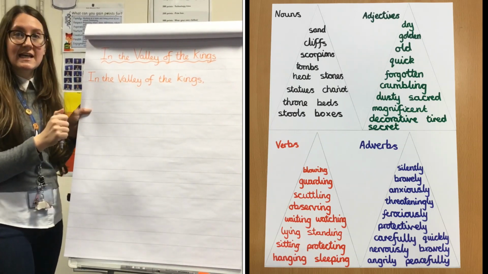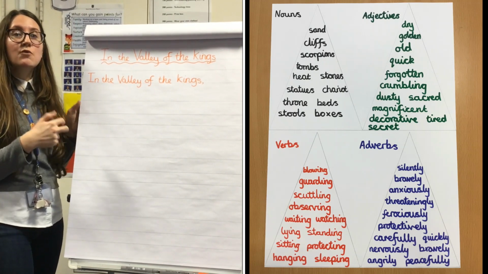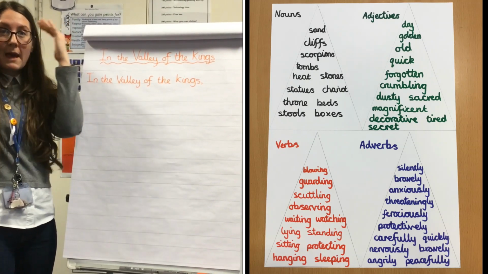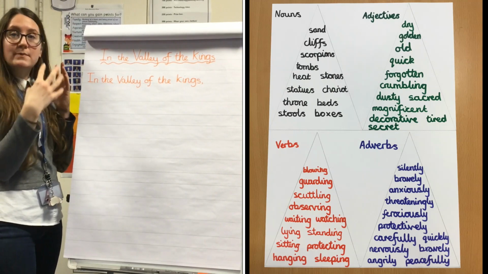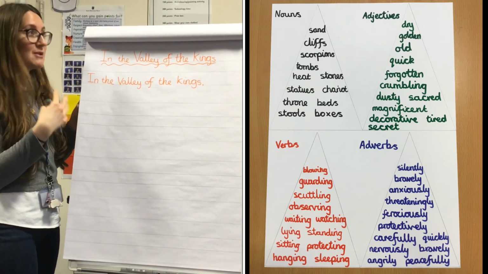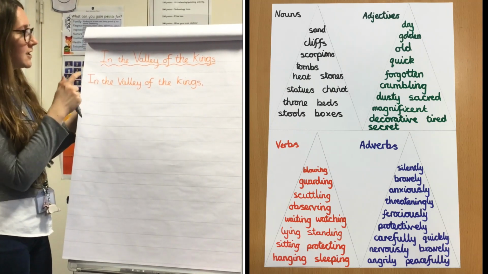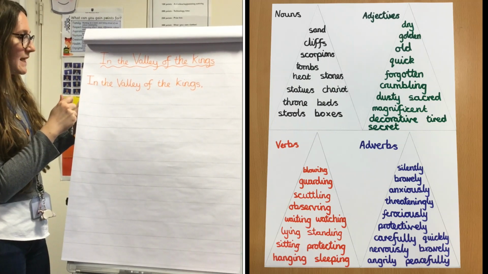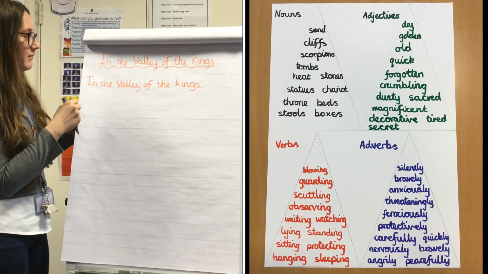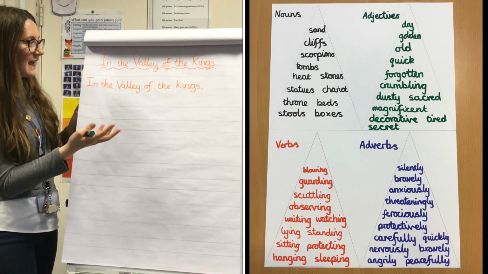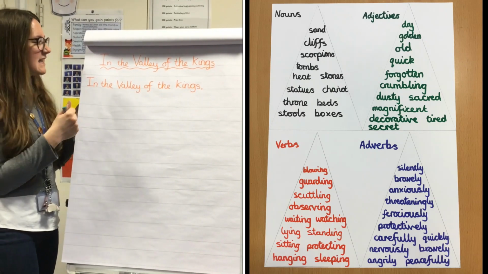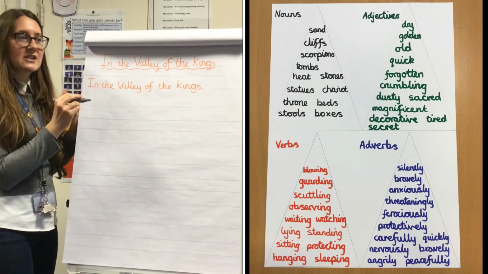So let's pick an adjective to describe the scorpions. Remember, poetry is all about building up that picture in the reader's mind, so I want to be as descriptive as possible. So what could I use to describe the scorpions? I could say the old scorpions or the archaic. I don't think that really matches. I'm going to go with the quick scorpions.